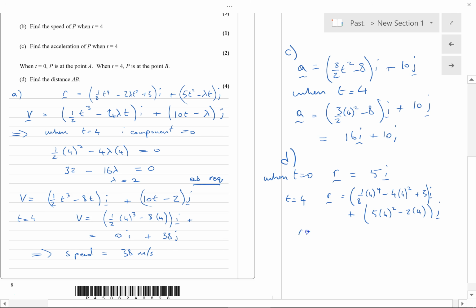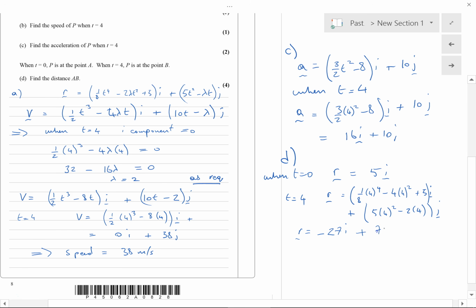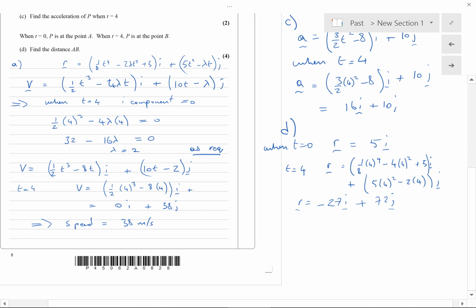Okay, that actually breaks down to this first bit here equals 27i, minus 27i, and this bit here, that's going to be 80 minus 8, which is plus 72j. Okay, so we have our two position vectors that we need.